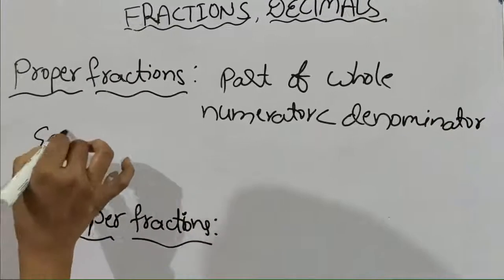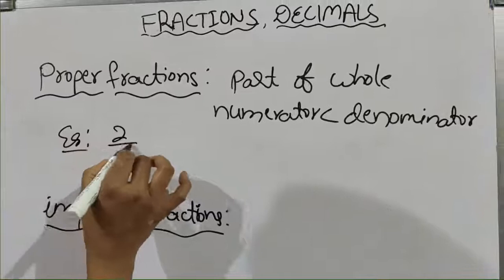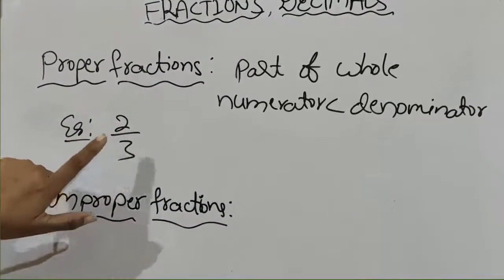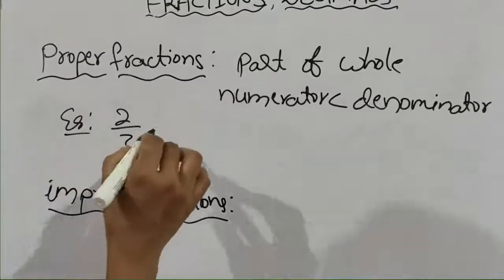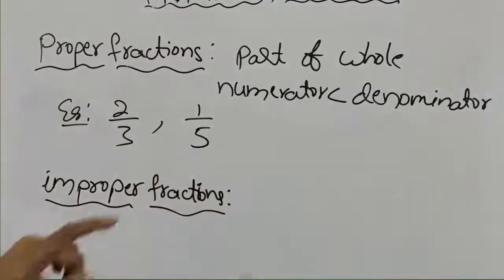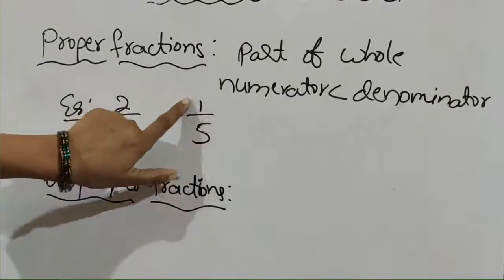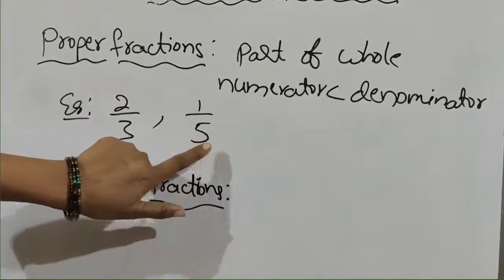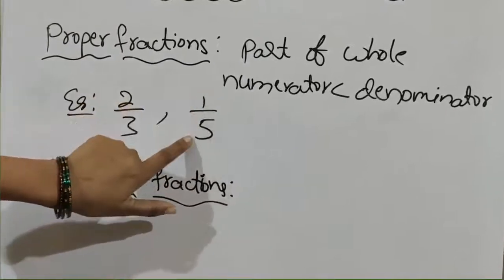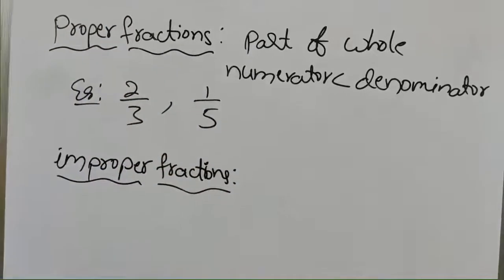For example, 2 by 3. In this fraction, 2 is less than 3. So this is a proper fraction. And another example, 1 by 5. In this fraction, 1 is less than 5. Whole parts are 5 and one part is shaded. So 1 by 5 is a proper fraction.